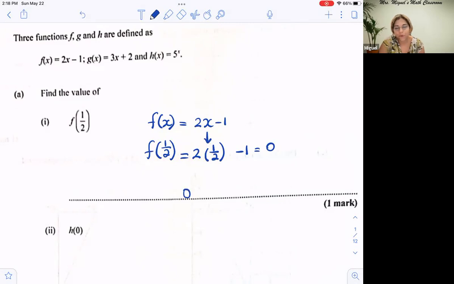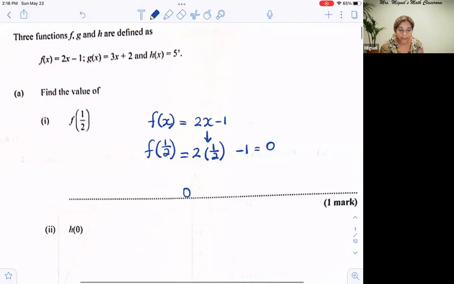Don't make whoever is marking your paper search your whole paper for your answer, because it's hundreds of scripts we mark, so make it easy for the person marking your paper to find your answer. Remember, it's scanned and uploaded onto a computer, and marking hundreds of papers, you get tired, right? So don't make it a hunt to find your answer. Put your answer on the dotted line. That is what it's for.